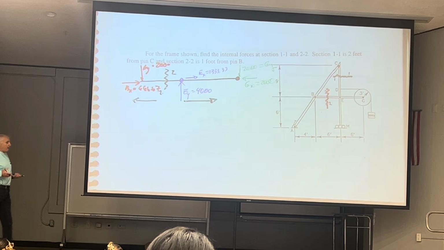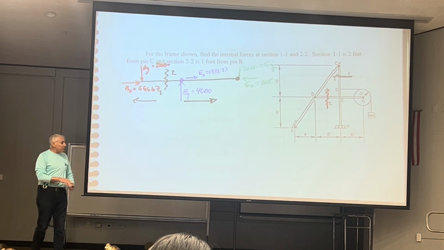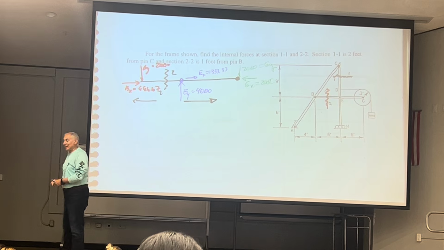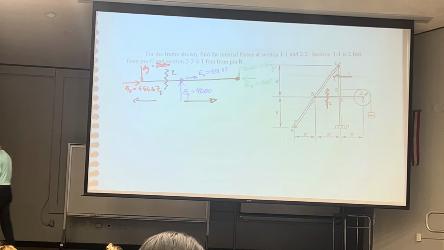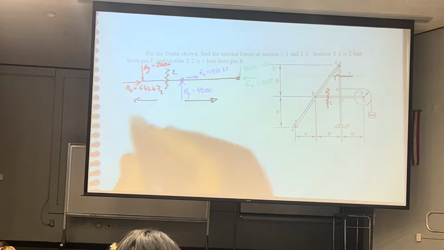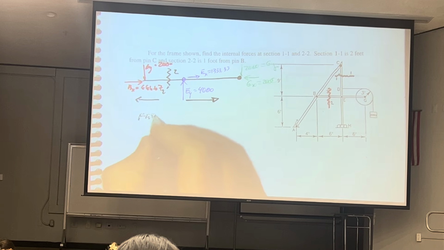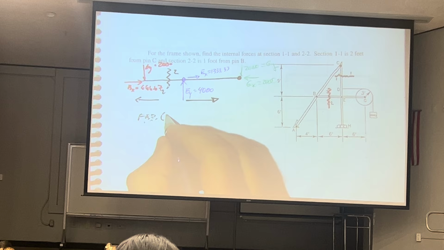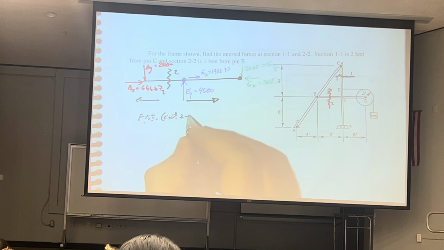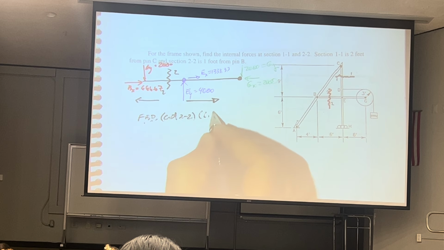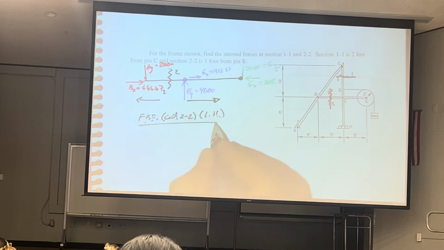Up to you, it doesn't matter which half. I'm going to pick the left half because there's a whole lot less on the left half than there is on the right half. So I'm going to say, free body diagram, cut 2-2 LH, left half.